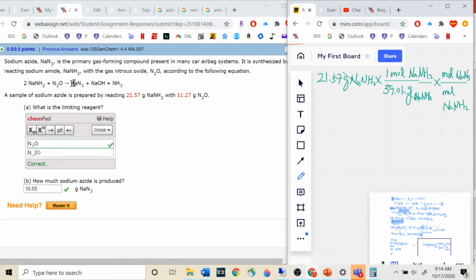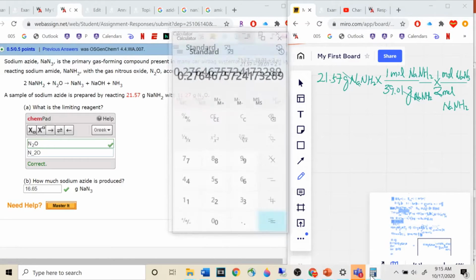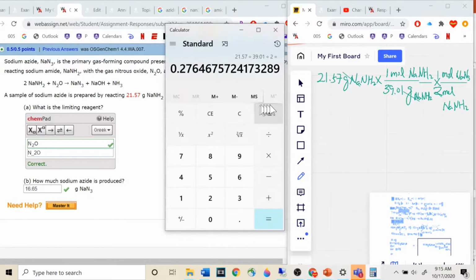Now, what's the ratio of the moles of the two? We have to go back to the balanced equation. 2 moles of sodium amide yields 1 mole of sodium azide. And now use a calculator.